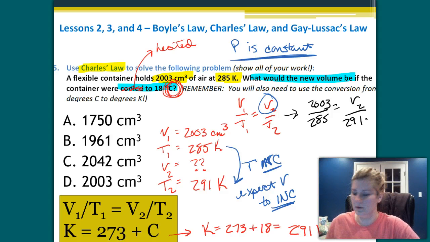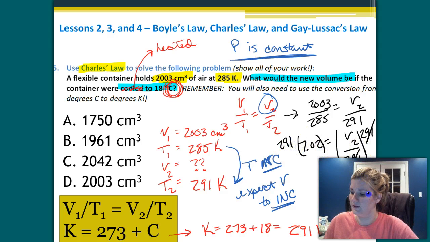That works out to 7.02. And I have my V2 over 291. Now I'm going to multiply both sides by 291 so that I cancel it on the right, and I'm left with V2, solving just for that. Multiplying that by my 7.02, we get an answer that is 2,045. And of course, this is going to be centimeters cubed, not liters.